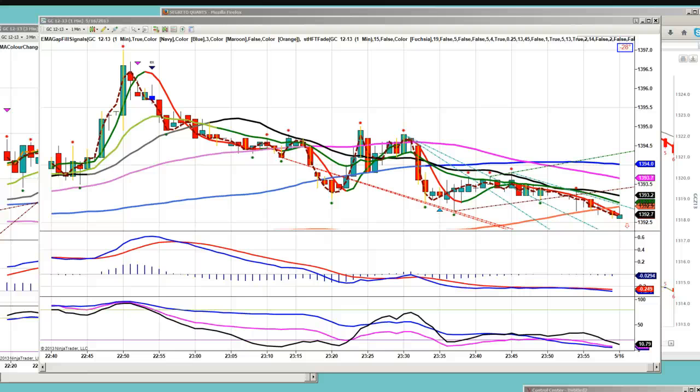So what we're going to do is a couple of trades really quickly. We're going to go to 10, 10, 10. And I want to see if you guys can notice something.